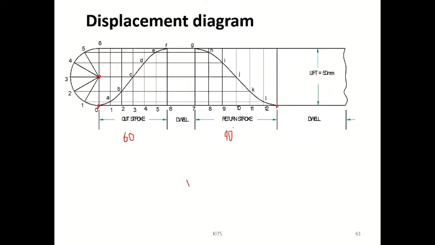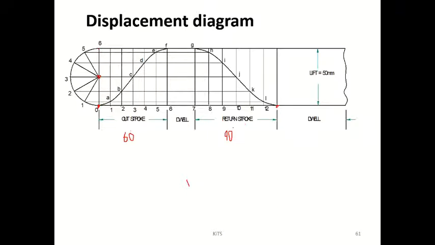Divide this 6 centimeter line into 6 parts. 1 centimeter, 1 centimeter, 1 centimeter, 1 centimeter, 1 centimeter, and draw the vertical lines. Similarly, here also this is 90 degree, that is 9 centimeter line. You have to divide this 9 centimeter line into 6 parts.